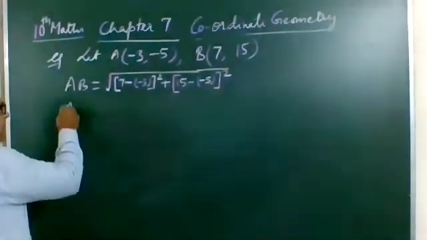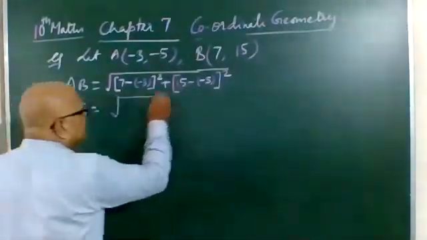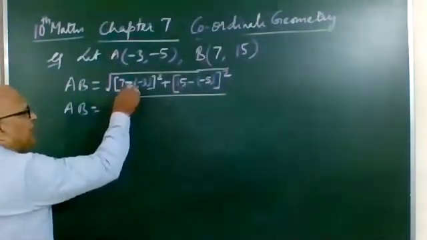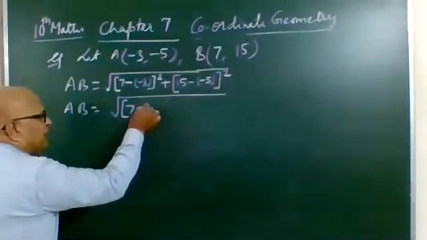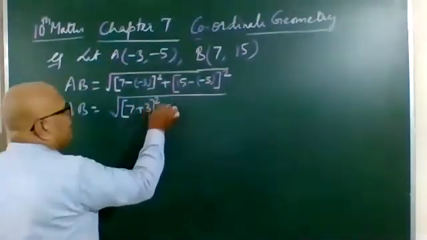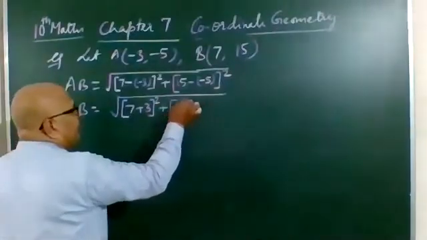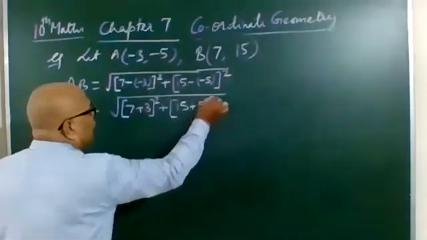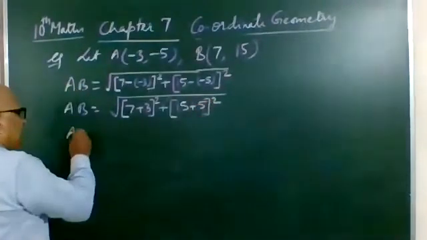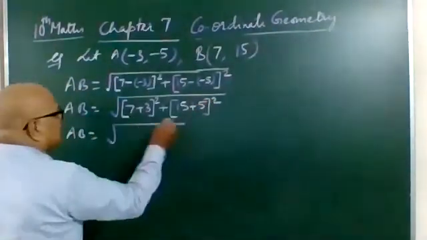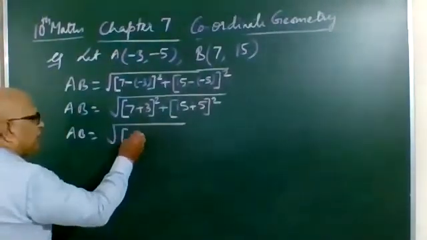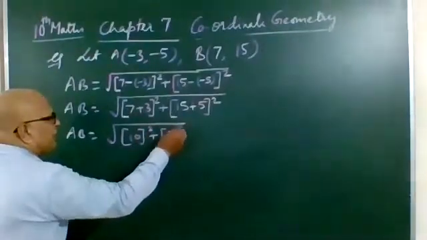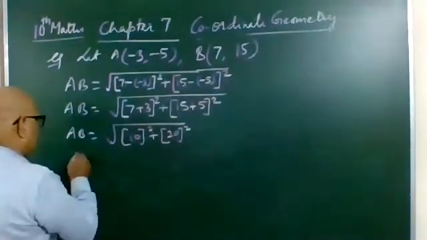Now AB is 7 plus 3 whole square plus 15 plus 5 whole square. AB is 7 plus 3, 10 whole square, plus 15 plus 5, 20 whole square.